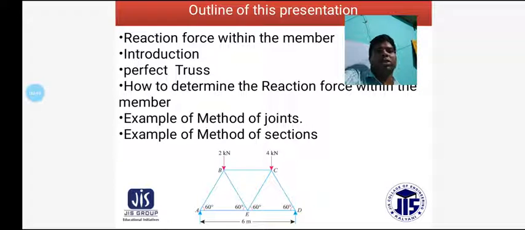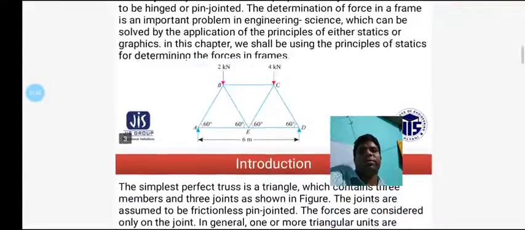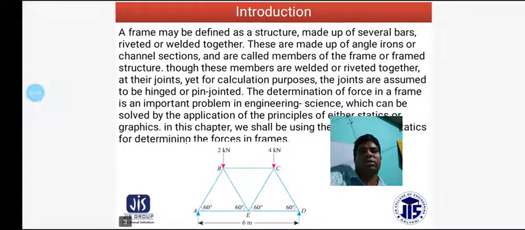So some outlines are reaction force within the member, introduction, perfect truss, how to determine the reaction force within the member, example of method of joints and example of method of sections.